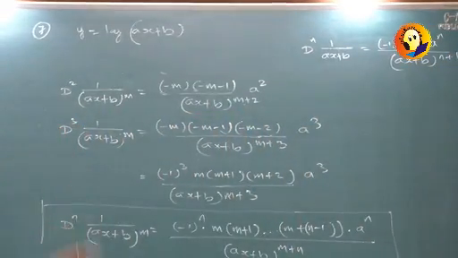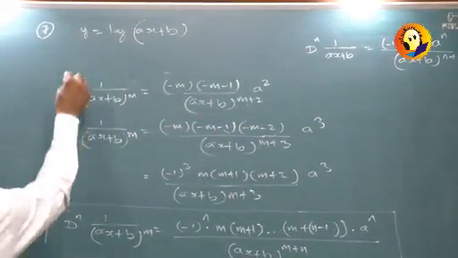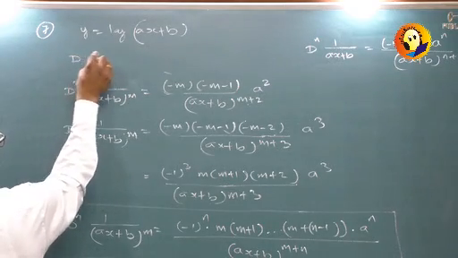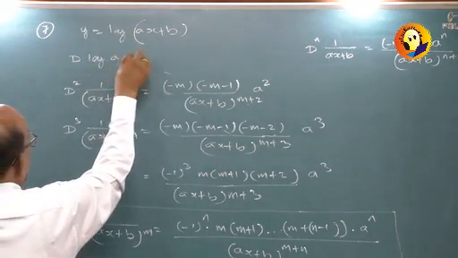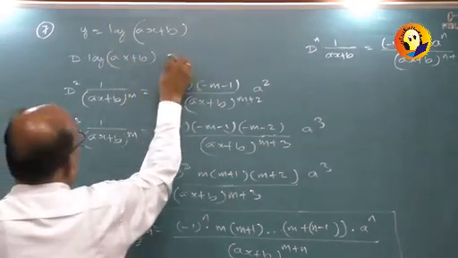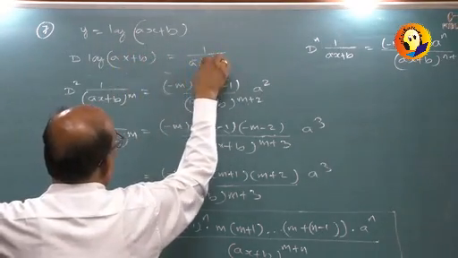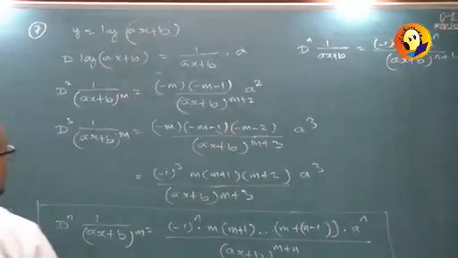You will come to know why I have written this formula. Because when you differentiate it once, the differentiation of log of ax plus b becomes 1 upon ax plus b into a.